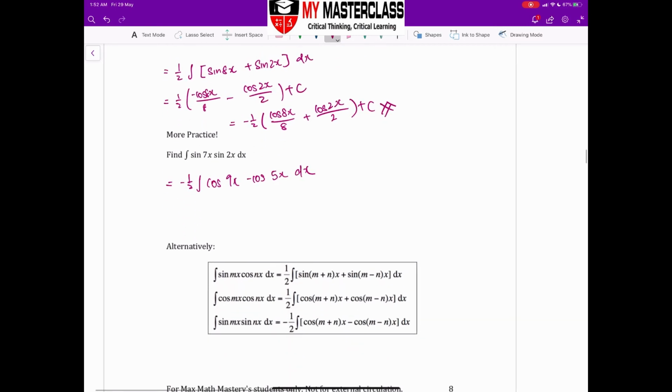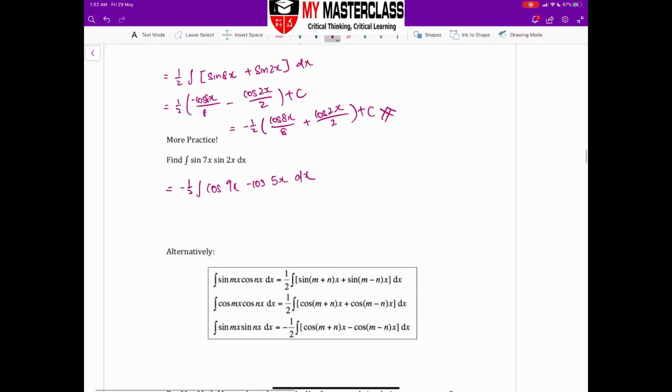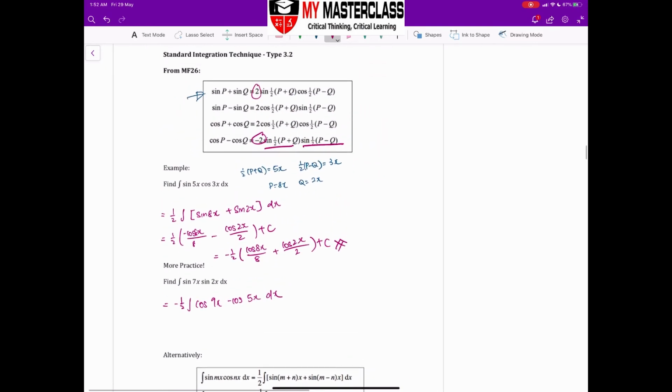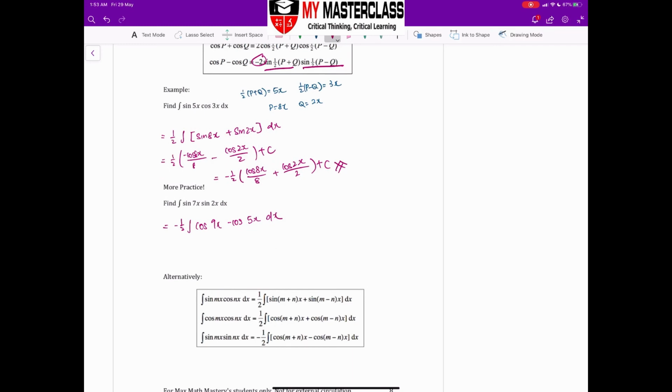However, at the bottom of the note, instead of looking at MF26, I actually manipulated the equation accordingly, so in terms of m and n, you should be able to derive the formula straight without having to do any simultaneous equation. So is there a trick to using this table? Yes.